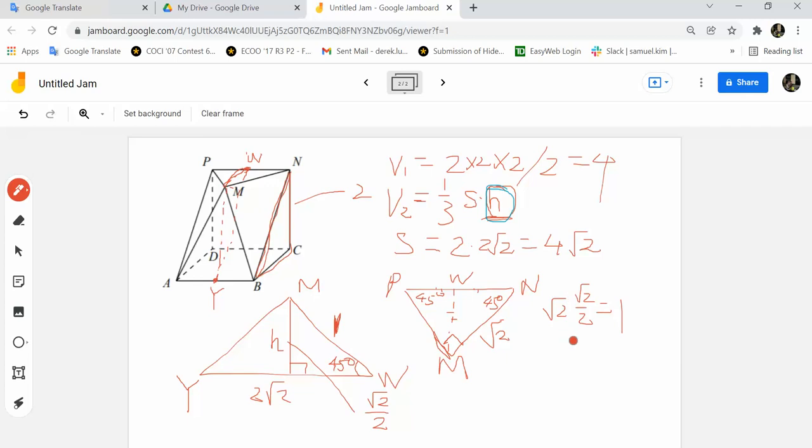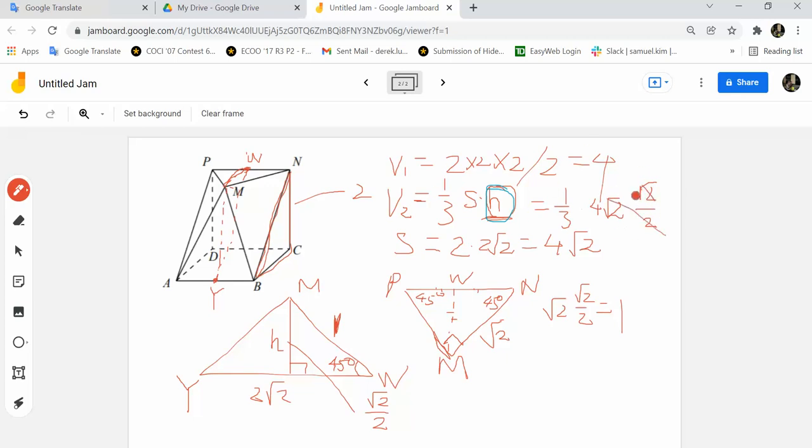Special angle. So here, if we actually know that one, we'll come back to here. V2 should be 1/3 times 4 root 2 times 2 root 2, right? Then here we cancel this out.